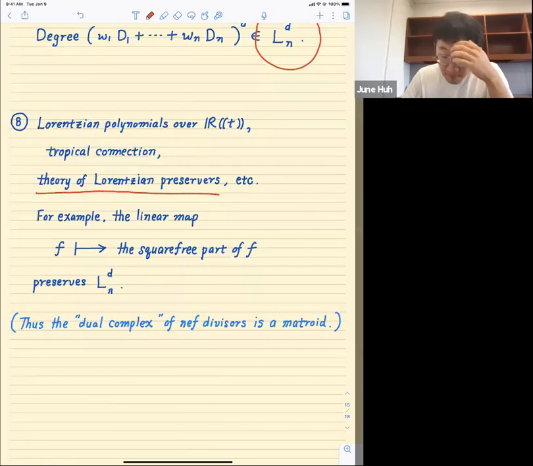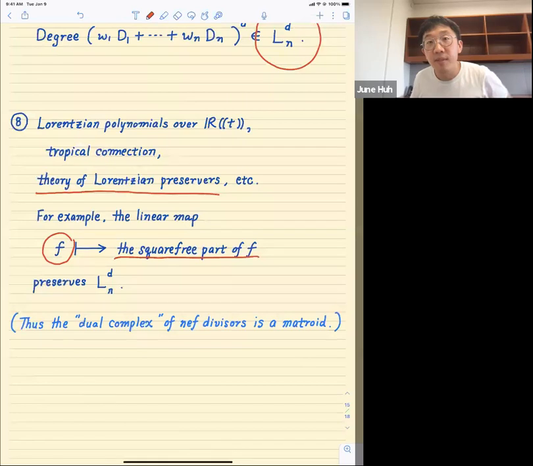And one consequence of this theory is that the linear map that sends a polynomial f to its square-free part, so just throw away all the monomials that contain squares or higher order terms, this funny linear map preserves L^d_n.